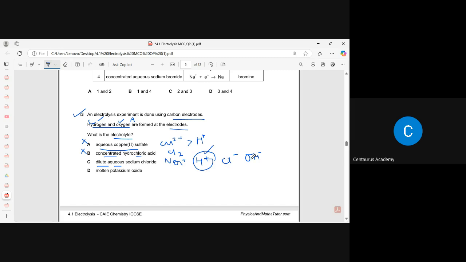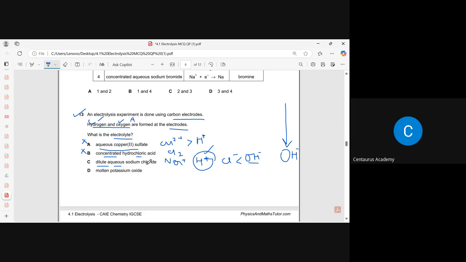And what about the chloride and the hydroxide? Hydroxide has the greatest tendency since it is a dilute aqueous halide solution. Whenever you have a dilute halide solution, hydroxide has the greatest tendency. Always remember that amongst your anion relative reactivities, the hydroxide has the greatest tendency to be deposited amongst all of the anions.